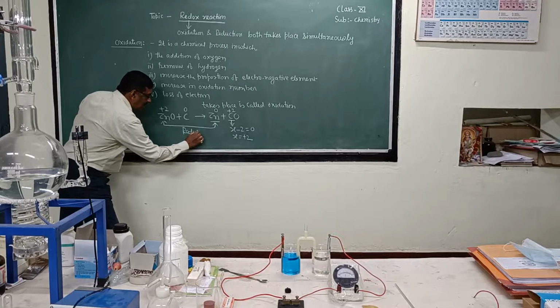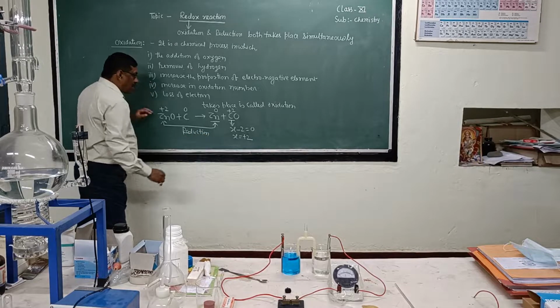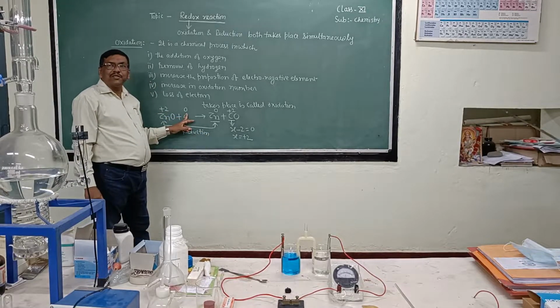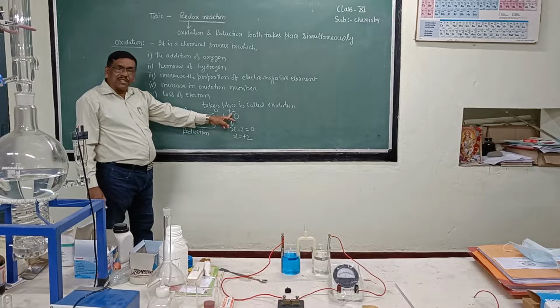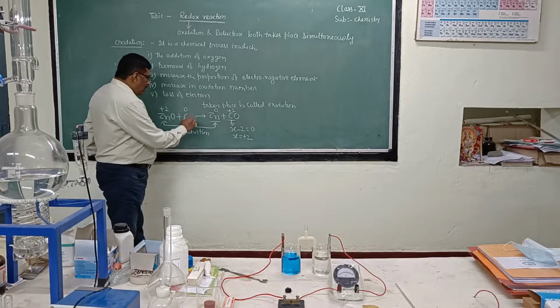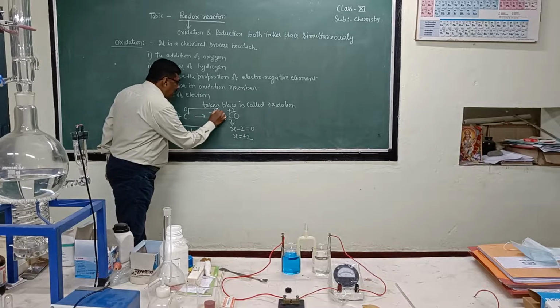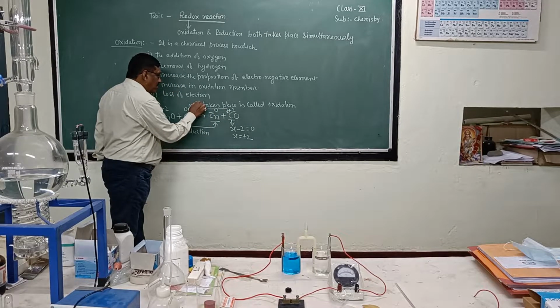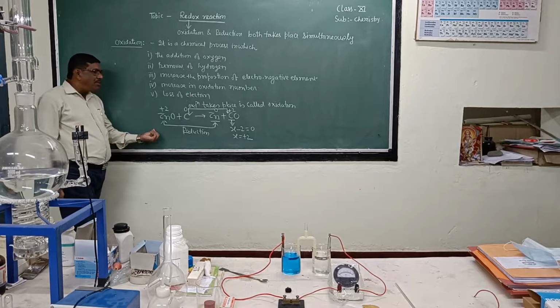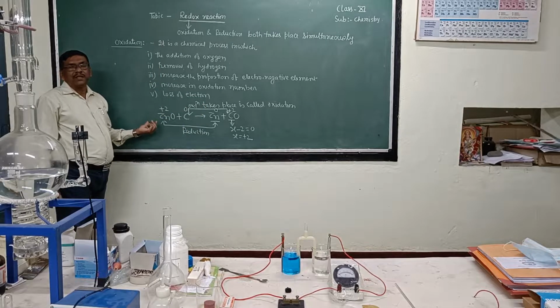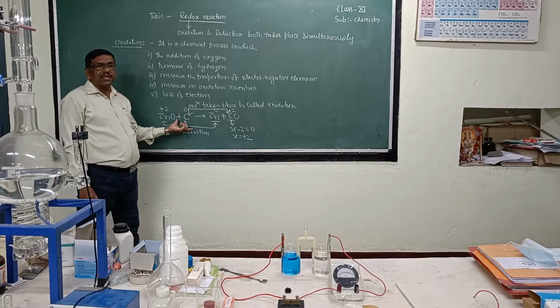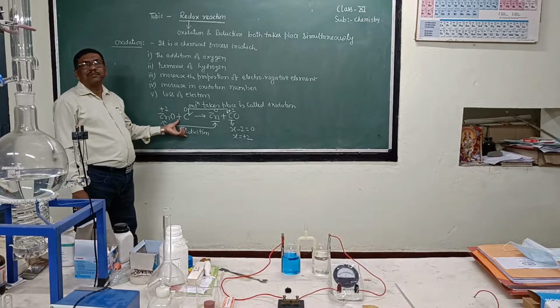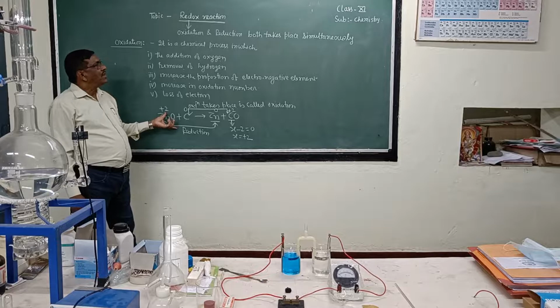The oxidation number of carbon increases from 0 to +2, so carbon gets oxidized. So it is clear from this example that in this reaction oxidation and reduction both take place simultaneously.